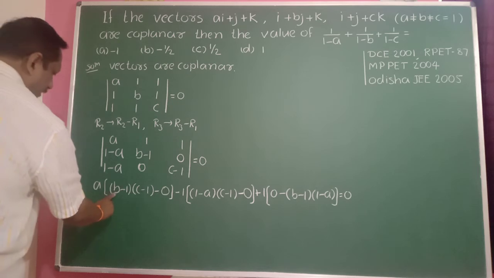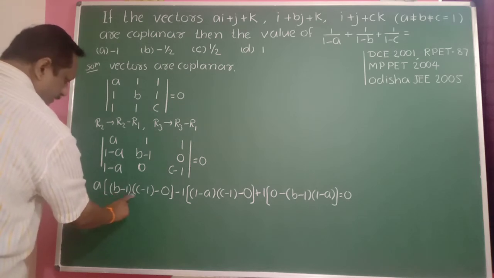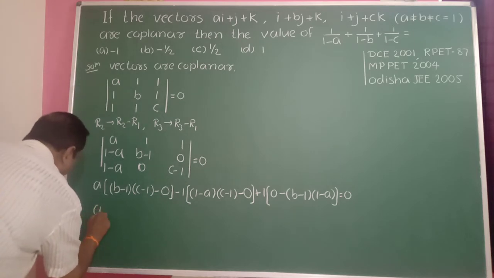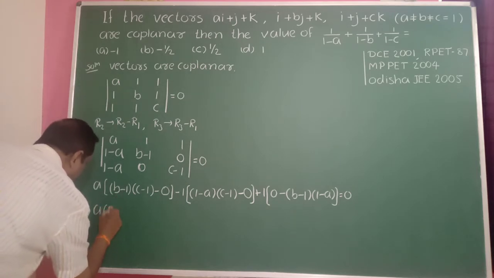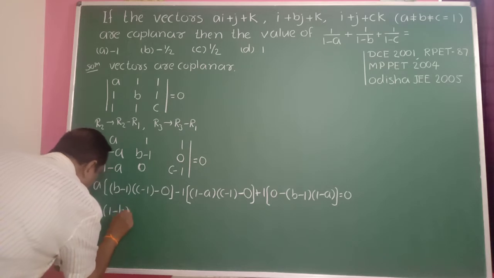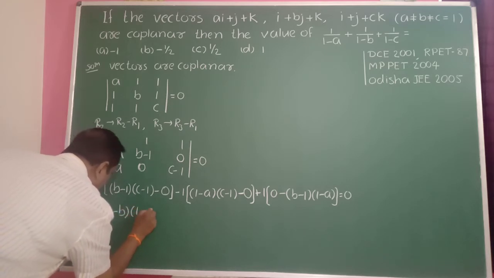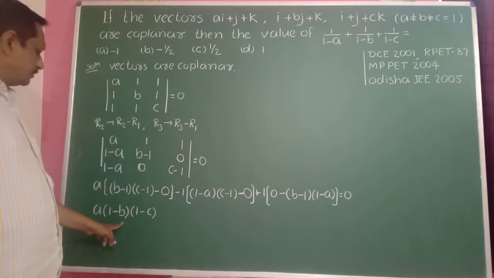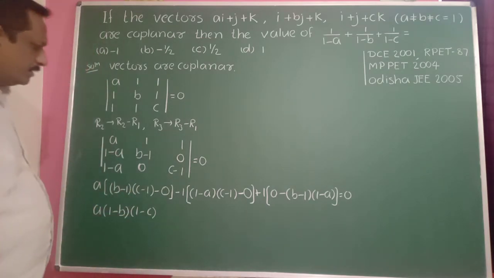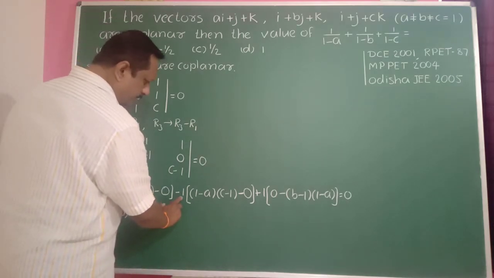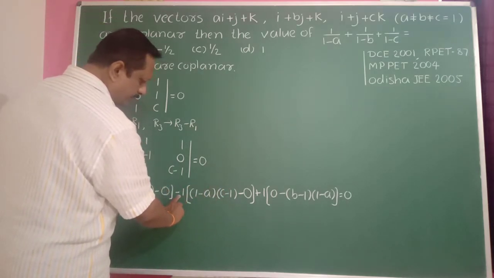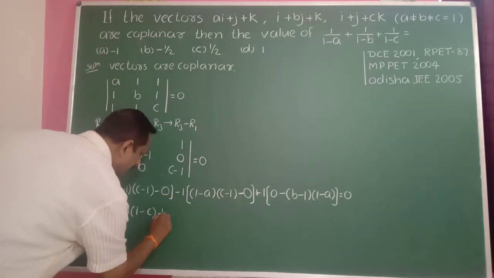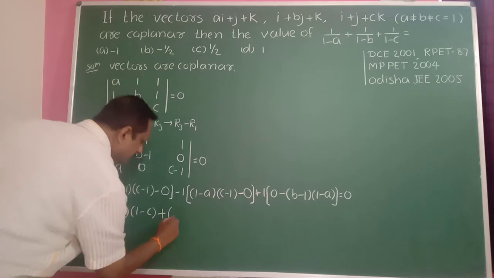Therefore, take a minus as a common factor from this bracket, and here also minus common. Minus into minus becomes plus. So A into (B minus 1) becomes (1 minus B), and (C minus 1) is (1 minus C). Minus is the common factor here; minus into minus becomes plus. Next, take the minus inside this bracket, which becomes plus (1 minus A) into (1 minus C).